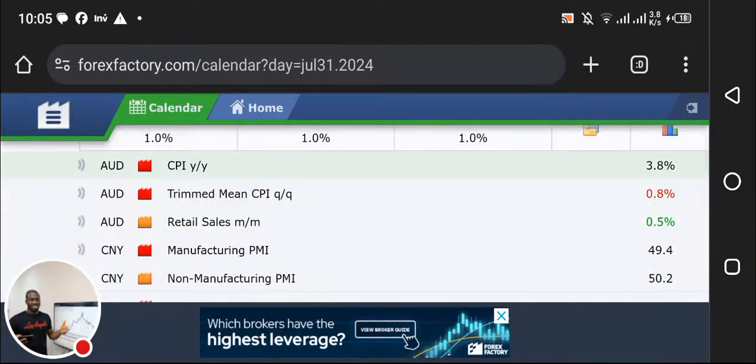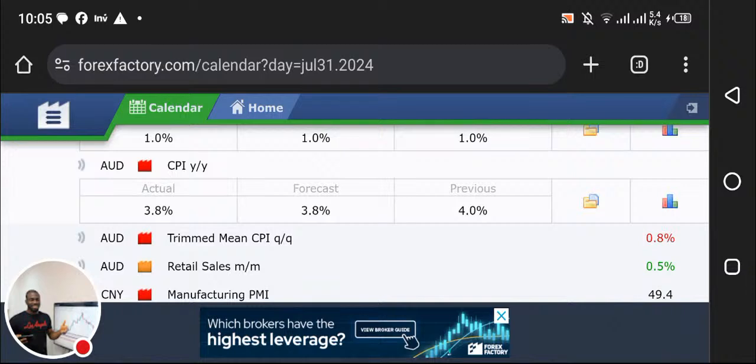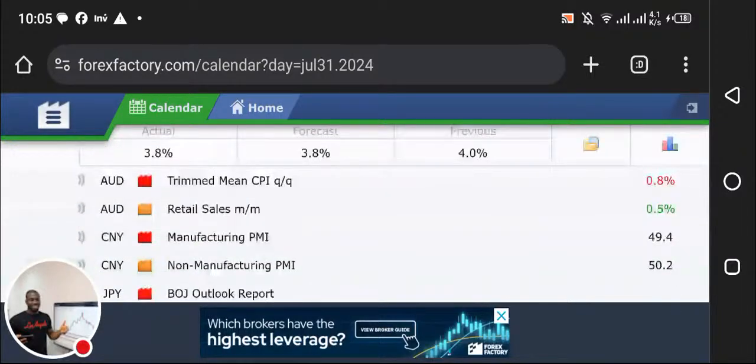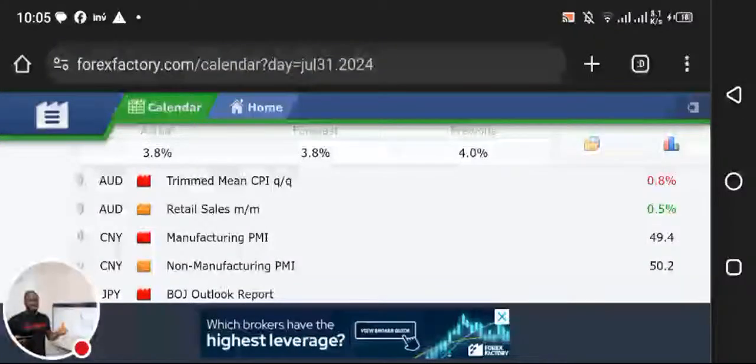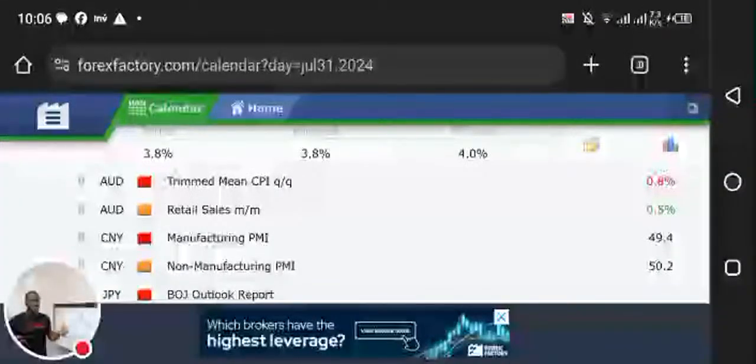And also the CPI YY report, you can see the forecast and the actual. But the trimmed mean QQ, that's 0.8, it came out negative.